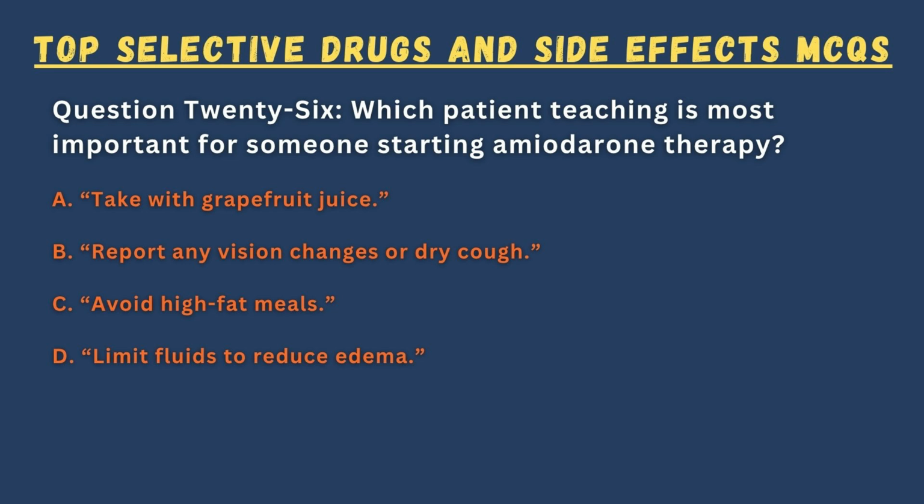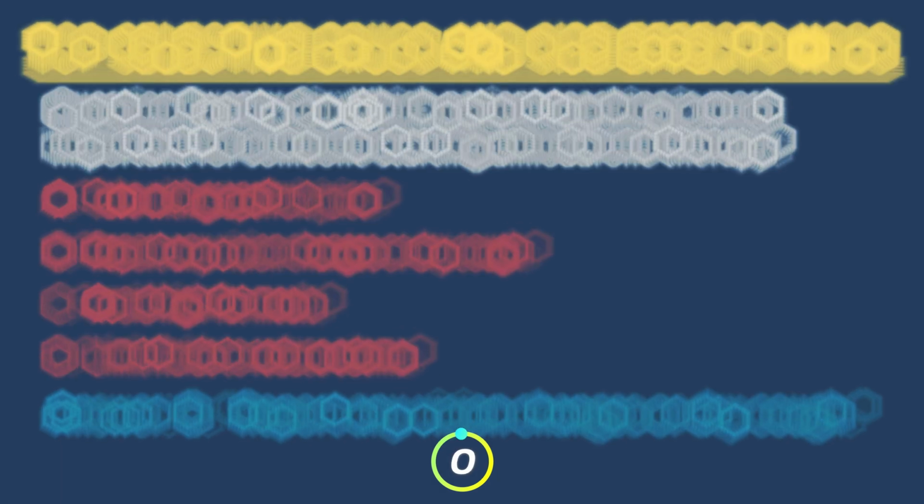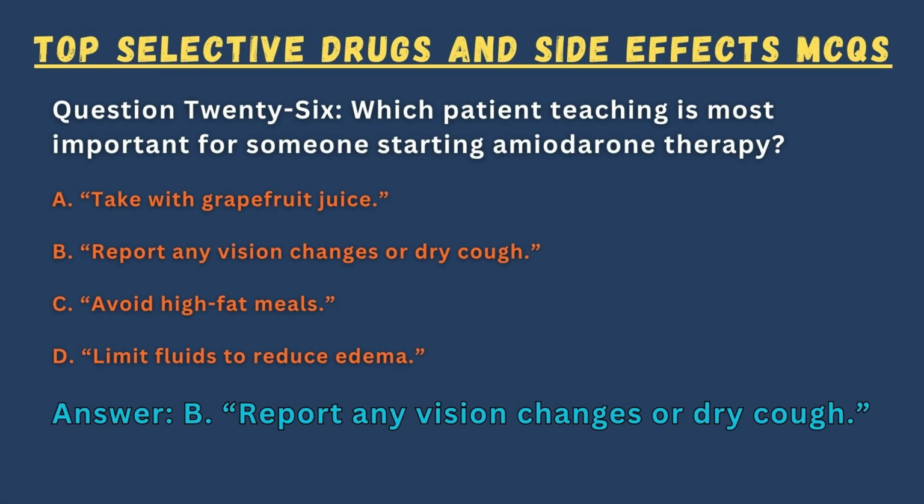A. Take with grapefruit juice. B. Report any vision changes or dry cough. C. Avoid high-fat meals. D. Limit fluids to reduce edema. Answer: B. Report any vision changes or dry cough.